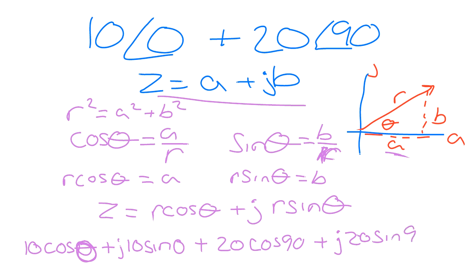And again, I'm not going to work this out for you. Let me just put the z right here, is equal to. So if you calculate the numerical values of all these and add like to like, in other words, 10 cosine 0 plus 20 cosine 90, and j components 10 sine 0 plus 20 sine 90, you should get this complex number of z equals a to b, and that should be your answer.